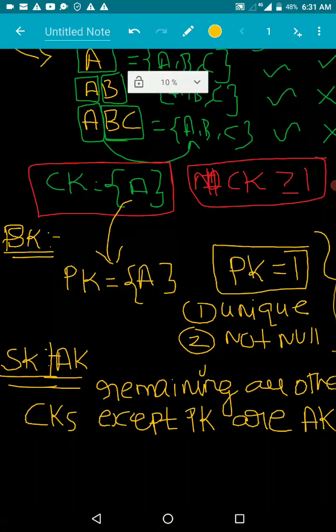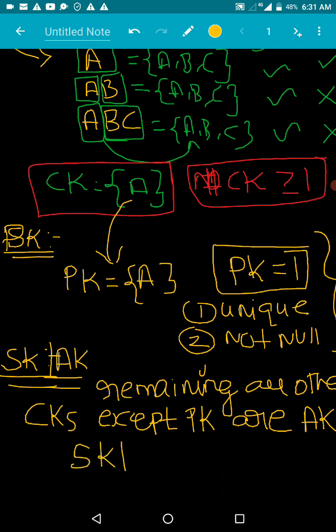In this case, there is no secondary key or alternative key; it is an empty set. But in the real world, a relation has a lot of candidate keys. Database designers select one of the candidate keys as the primary key, and the remaining candidate keys act as secondary keys or alternative keys.